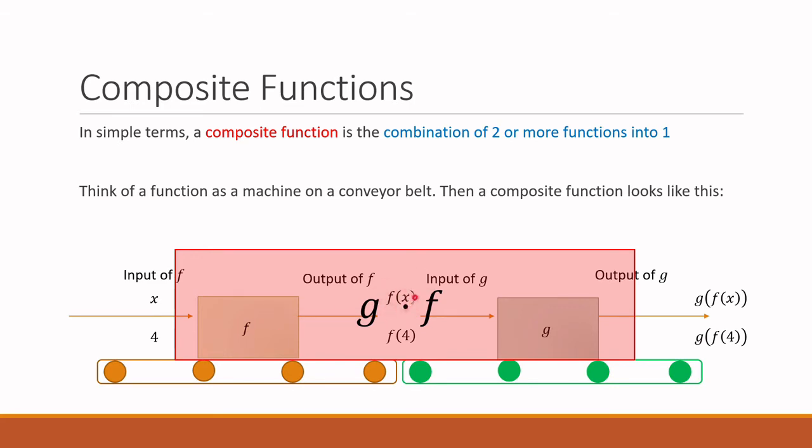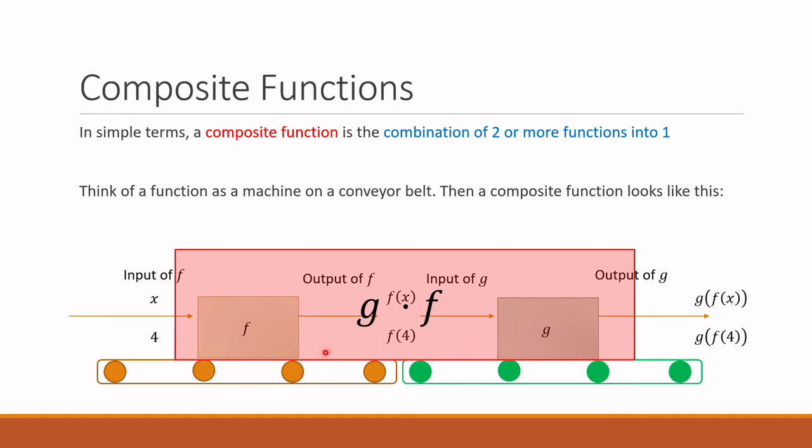This is a value which I will straight away input into the second machine. The second machine is g here. So g will take this as an input and output this thing. You can see that f(x) is treated as the input of g. That's why it returns this value over here. Okay, so this is the idea of a composite function.